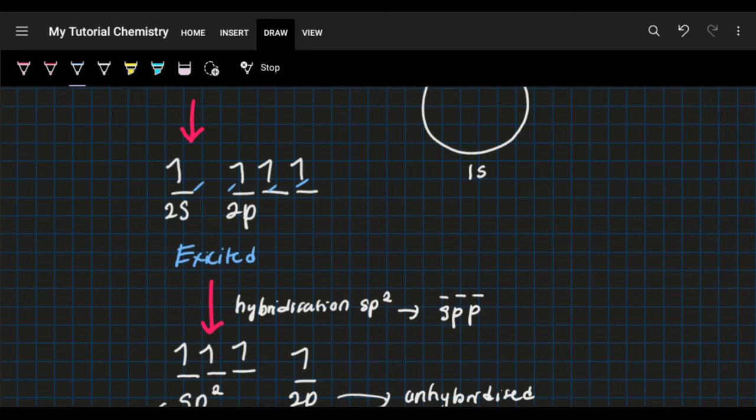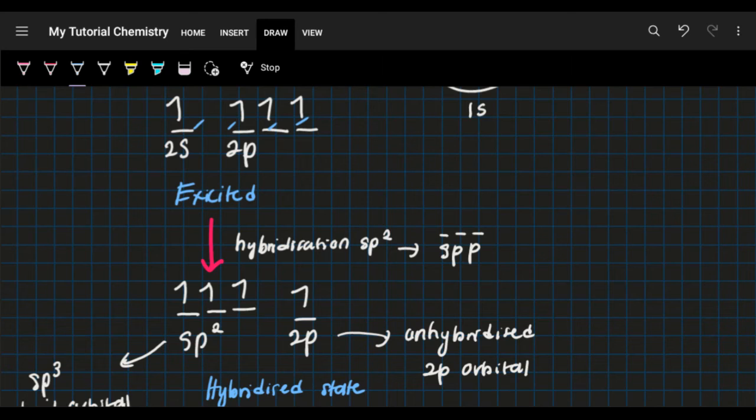Now this is the hybridization for carbon. sp2 means that it has one s orbital and two p orbitals. So the remaining orbital is called the unhybridized 2p orbital. This orbital will form a pi bond.